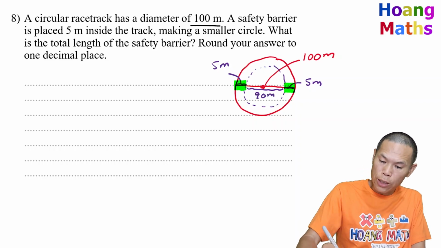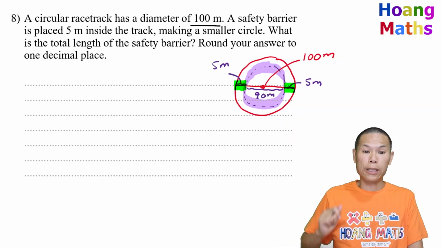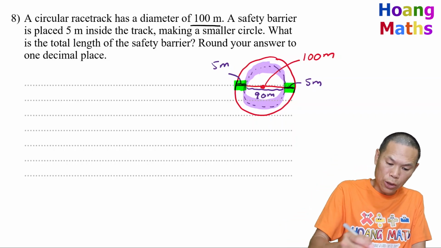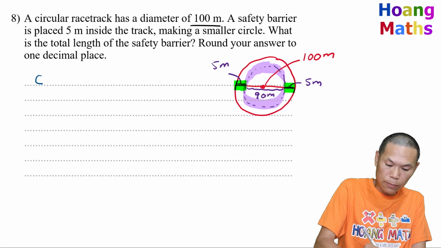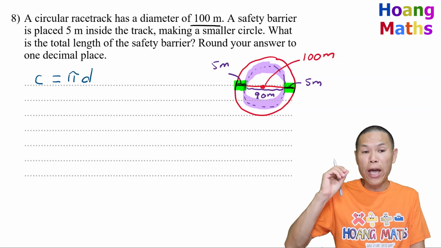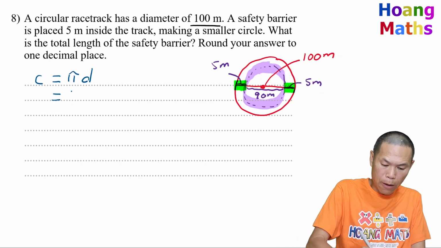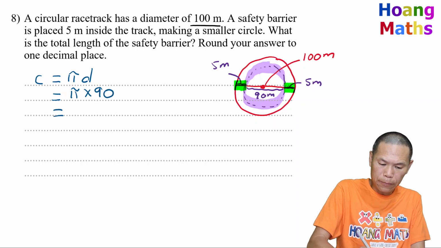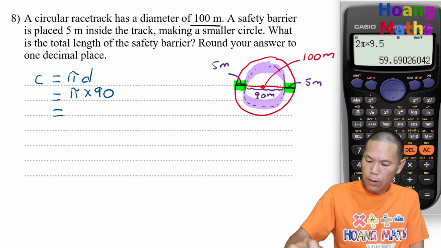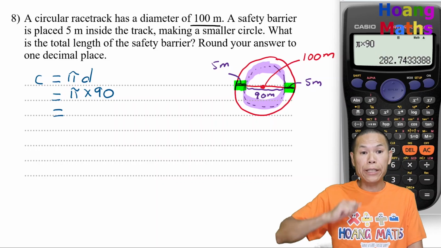We need to work out the circumference of the smaller circle. So now circumference is pi d, because we already know that 90 is the diameter of the circle. That will give me pi times 90. I just go pi times 90, correct to one decimal place.